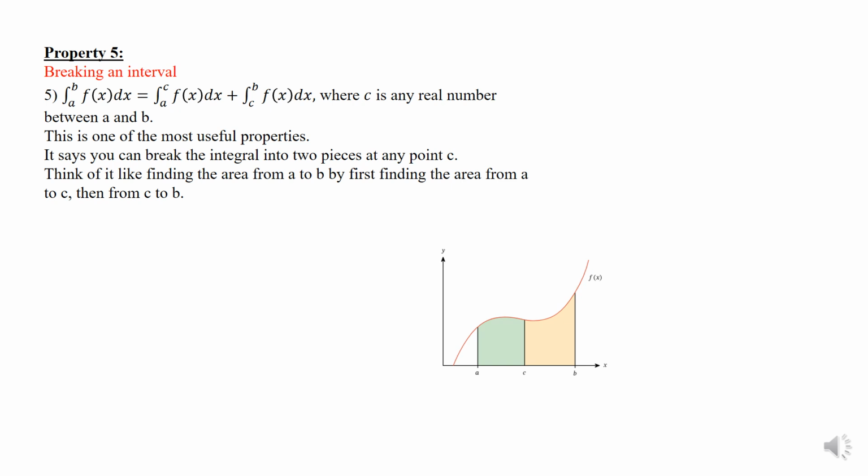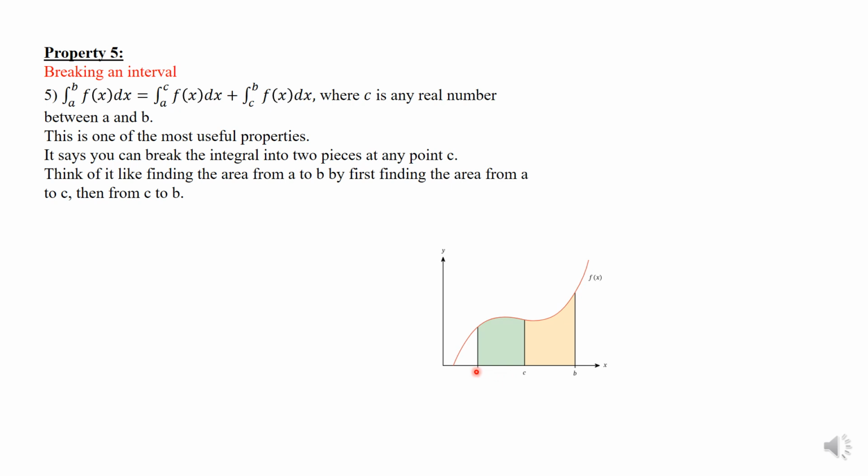Breaking the interval, property 5. Now this is one of the most useful properties, yet it is too easy. It says that you can break the integral into two pieces at any point c. If you look at the graph, you have the area under the curve from a to b.